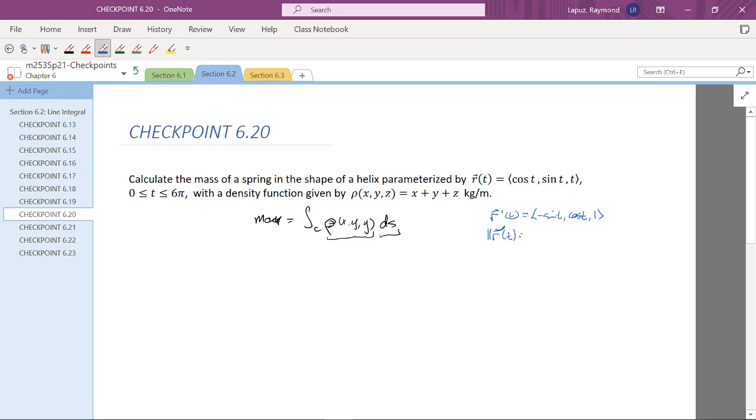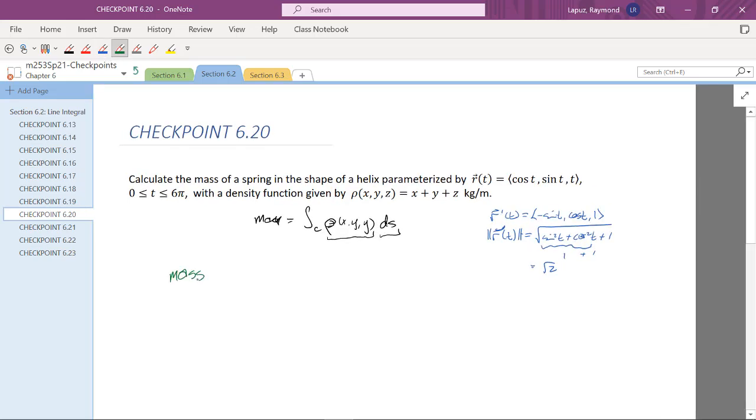So the magnitude of this vector will be the square root of sine squared t plus cosine squared t plus 1, which gives you 1 plus 1, which is going to be the square root of 2. So it's nice to have these constants here.